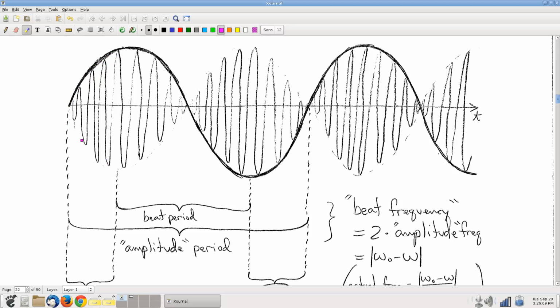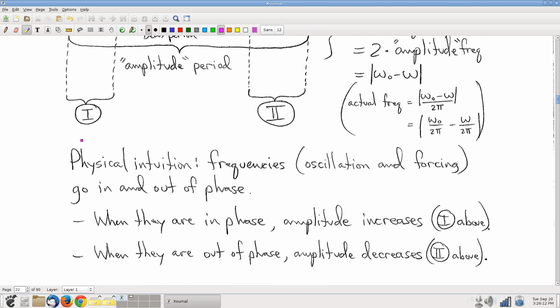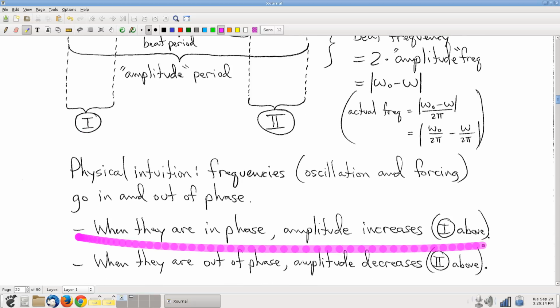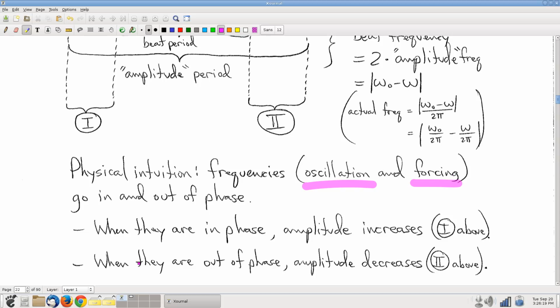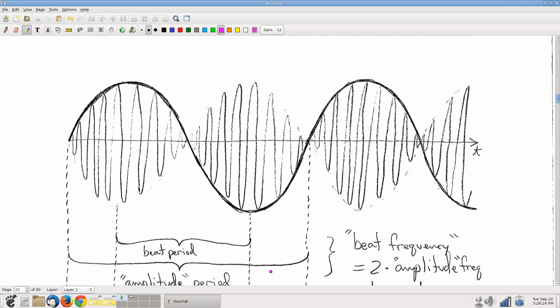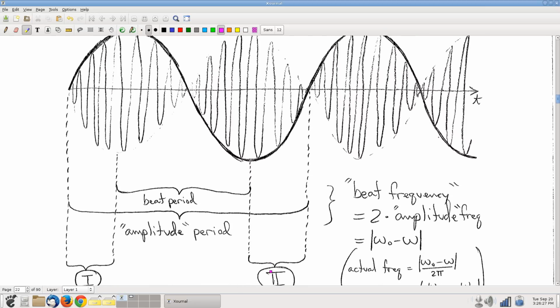On the other hand, sometimes they're out of phase. The oscillation and the forcing might be out of phase. So what would that look like? Out of phase means that as the oscillation is moving up, the force is down, and likewise, as the oscillation is moving down, the force is moving up.